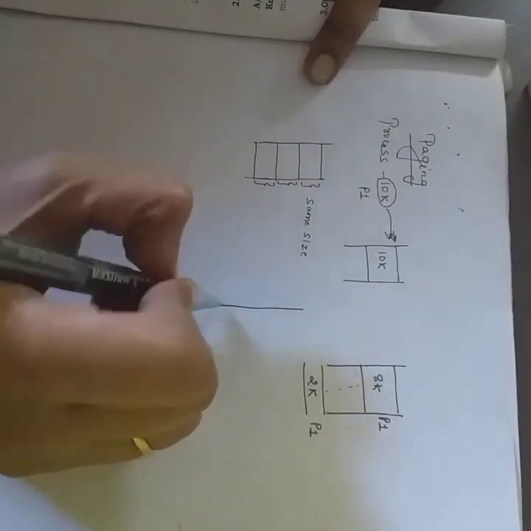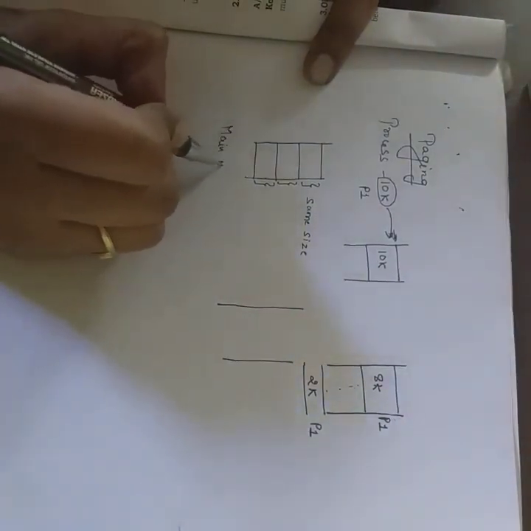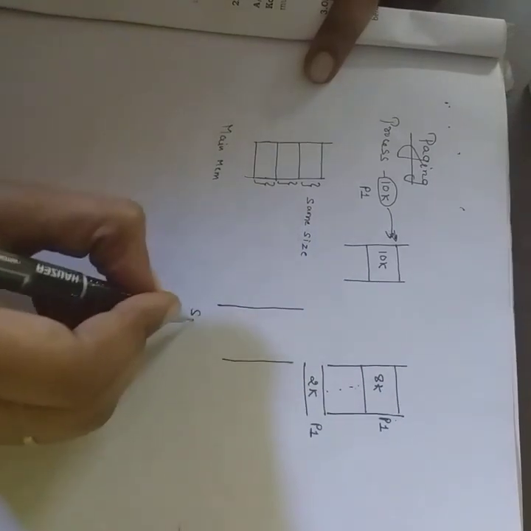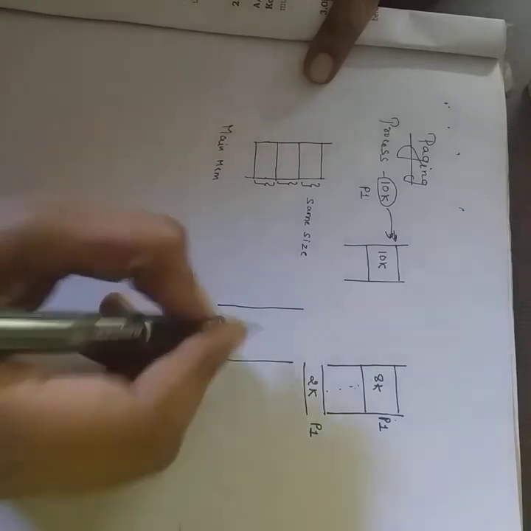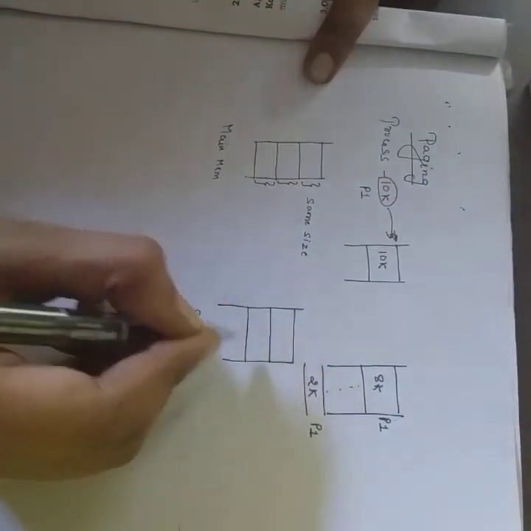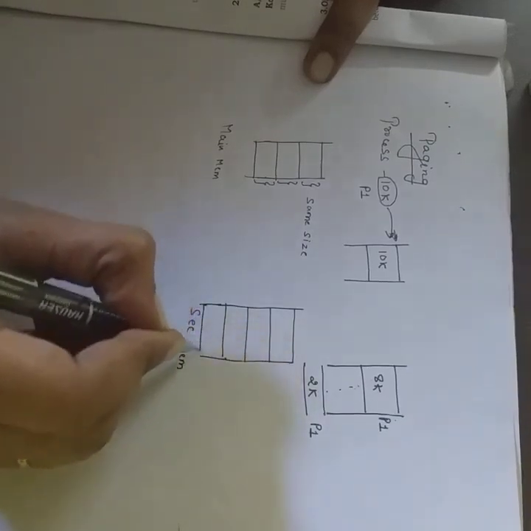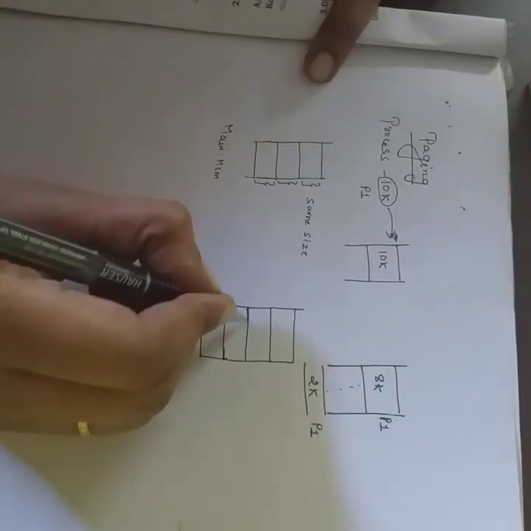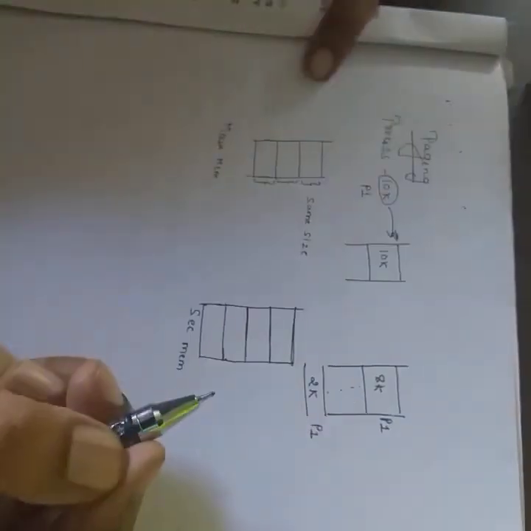Even the secondary memory, this one we consider as the main memory and this one as the secondary memory, is also divided into frames or pages like this.